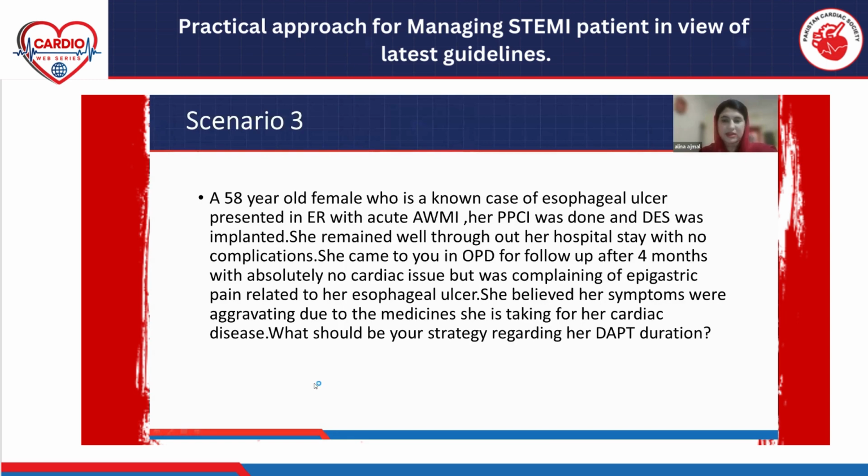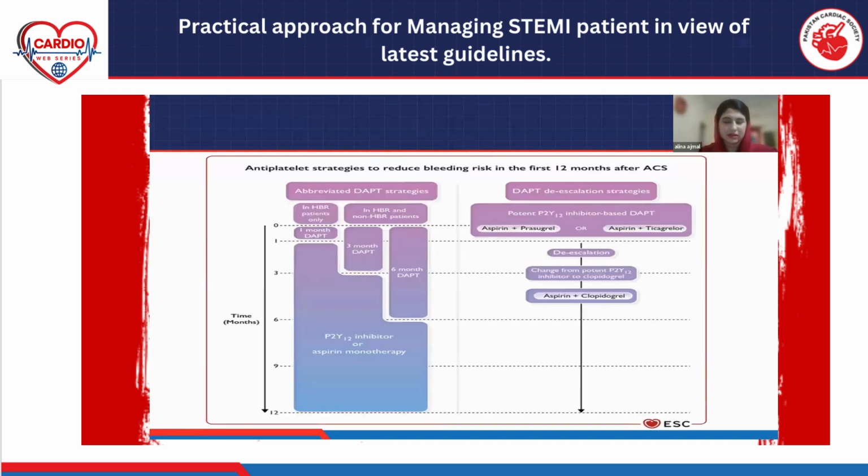In our clinical practice, this is one of the most common scenarios, that the patient is having esophagitis, esophageal ulcer. Sometimes they are presenting with so much esophageal pain that we have to rethink how much DAPT therapy should be continued. There are some newer guidelines in ESC 2023 for HBR, which stands for high bleeding risk patients, and the other is de-escalation therapy.